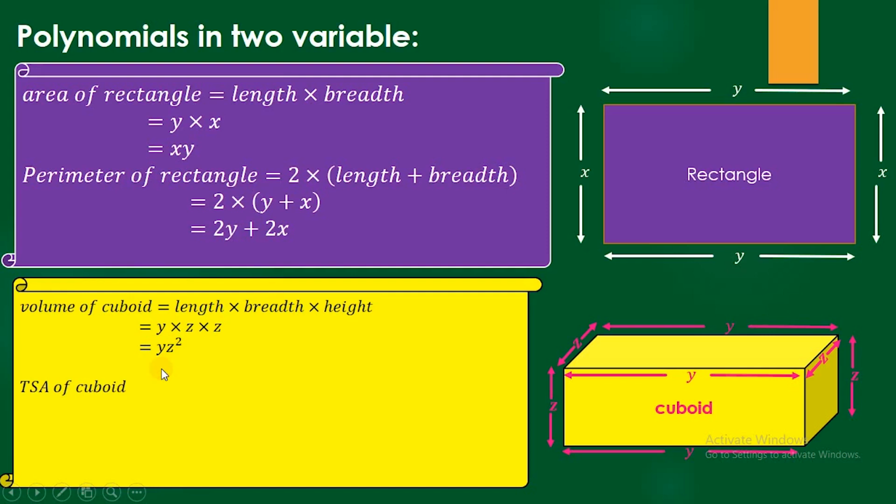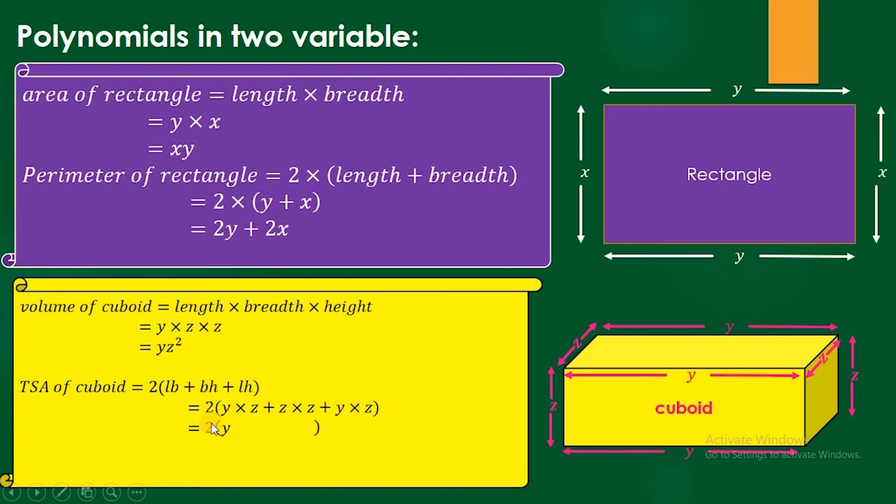Similarly, we can find the total surface area of the cuboid, that is 2 times (LB plus BH plus LH), which is equal to 2 times, here length is y unit, breadth is z unit, plus breadth and height both are z unit, so z into z, plus length is y and height is again z.